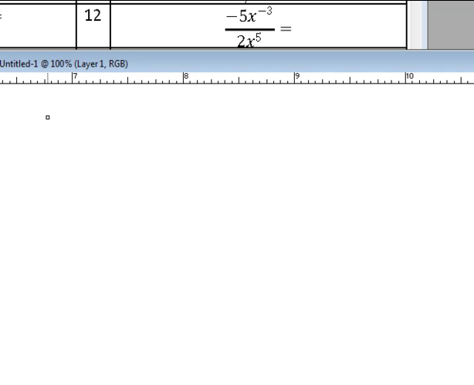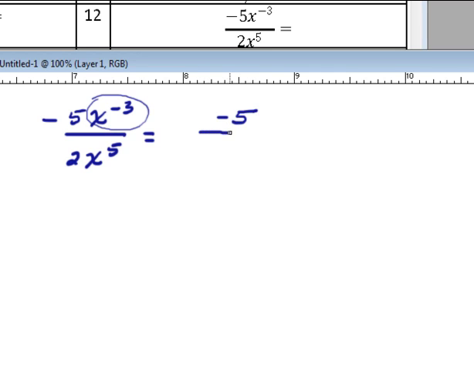In number 12 we have minus 5 x to the minus 3 divided by 2x to the 5th. We're going to start by bringing x to the minus 3 to the denominator and changing the exponent to positive 3. Leave the minus 5 in the numerator.